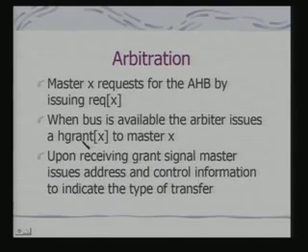Upon receiving the grant signal, the master issues address and control information to indicate the type of transfer. So the master has to first get the bus and then do the transfer. While one transfer is taking place, another master can initiate a request for the bus which the arbiter can process.